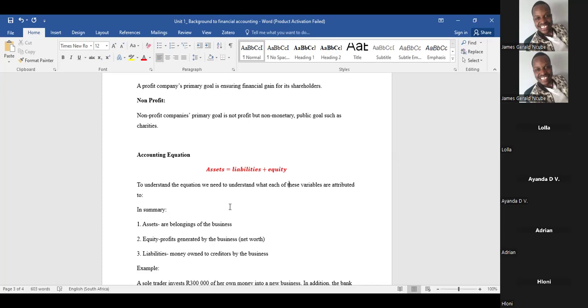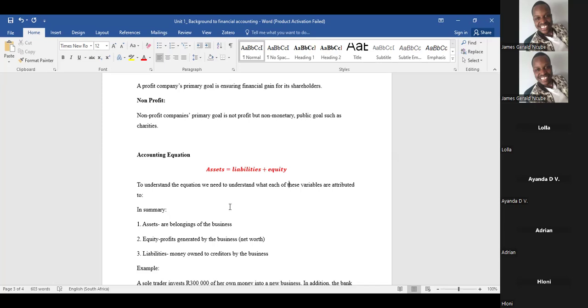So that's a liability. Then what is equity? Equity, we are now saying that this is how much I own within a business, right? So if I want to start a business today, let's say I want to get into property business, I have got 500,000 Rand saved, but the property that I want to start with is costing me 800,000 Rand.